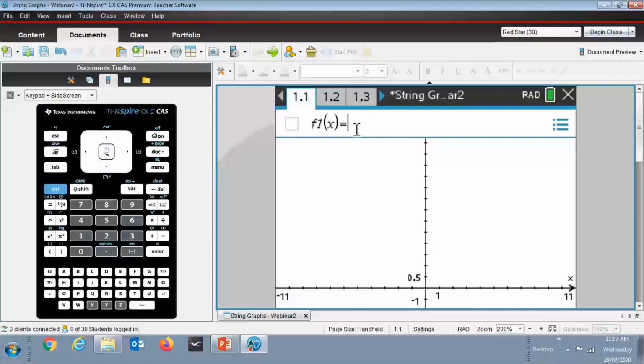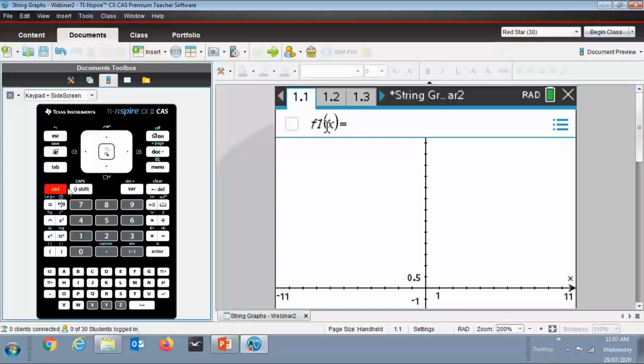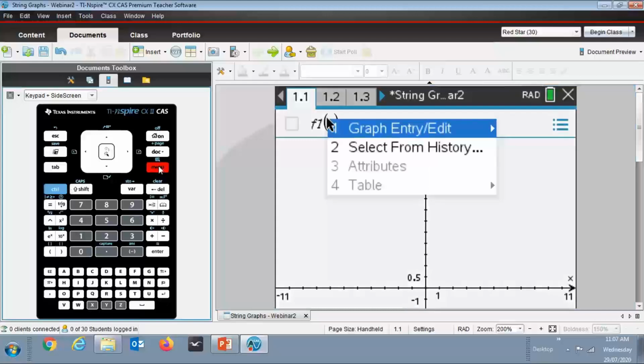Also, because this graph is going to be set up for relational graphing, we're going to change this from functional graphing, and we do that by pressing Control Menu. So Control Menu.